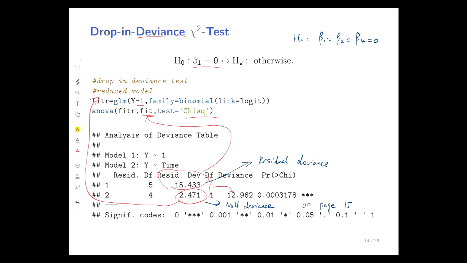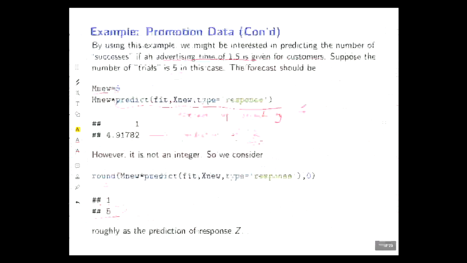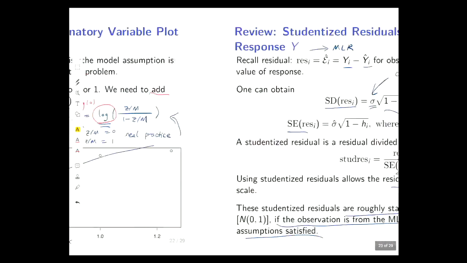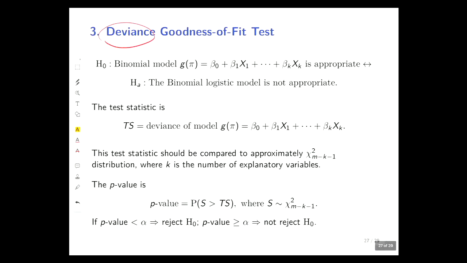So the dropping deviance test is used to test the coefficients, which we can call beta coefficients, regression coefficients, or regression parameters. But the deviance goodness of fit test is used to test the model. It's not used to test the coefficients.